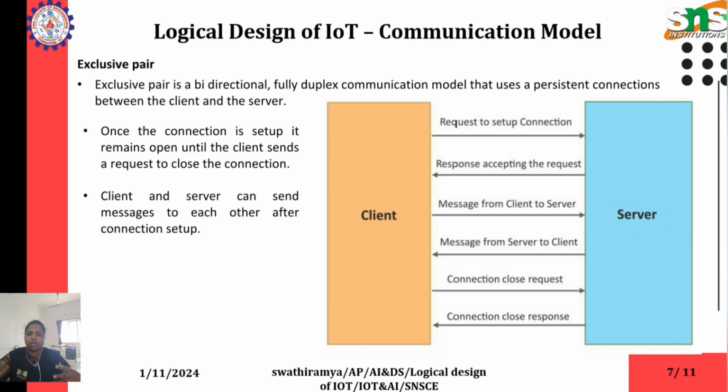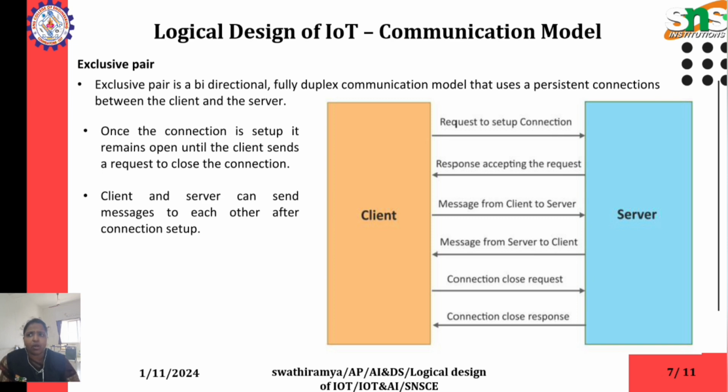It's purely based on the request and response model. It's the same as the request and response model, but here the communication is exclusively between 2 parties. Exclusive pair is a bidirectional, full duplex communication model that uses a persistent connection between the client and the server.